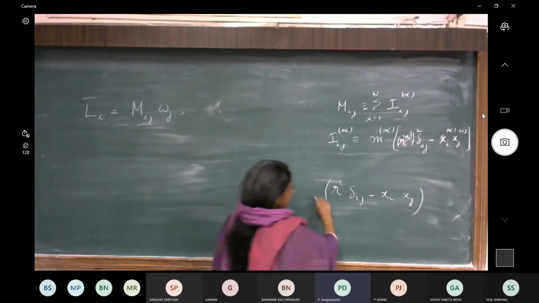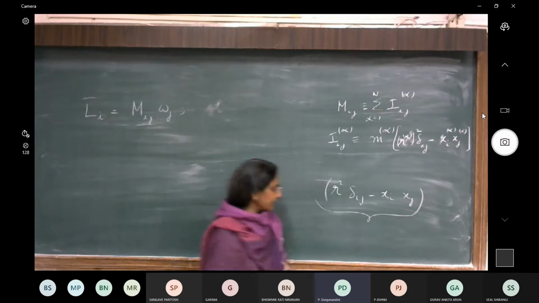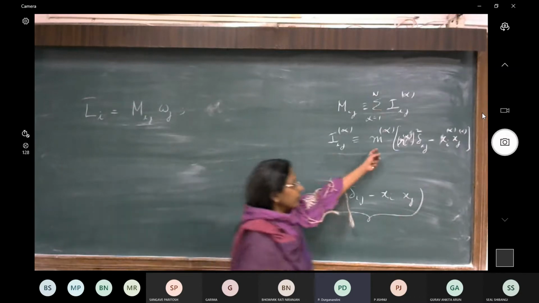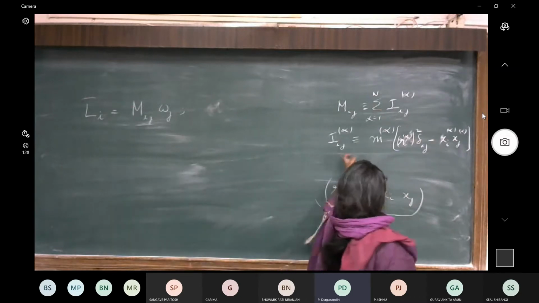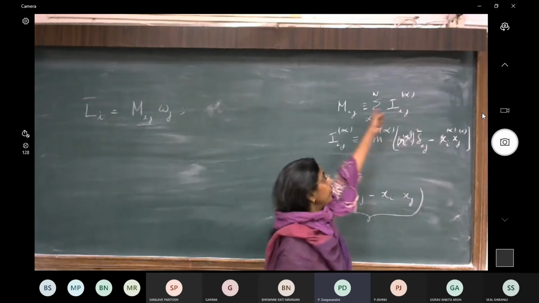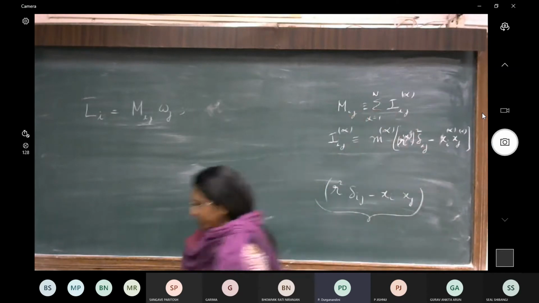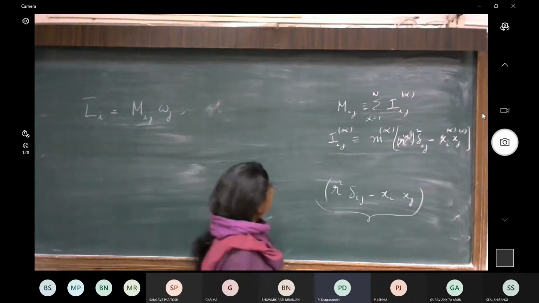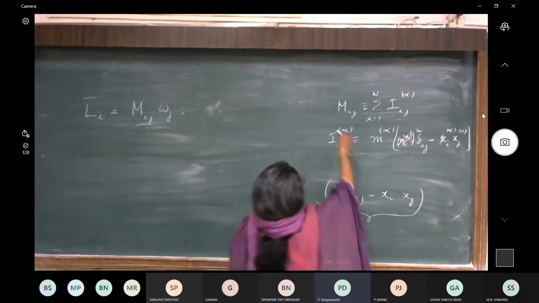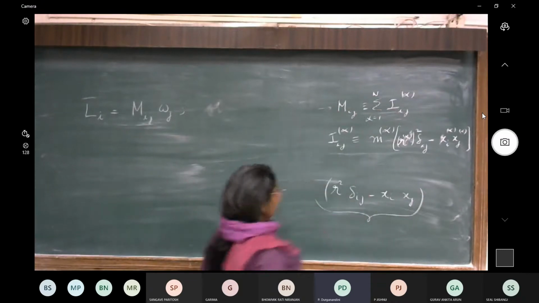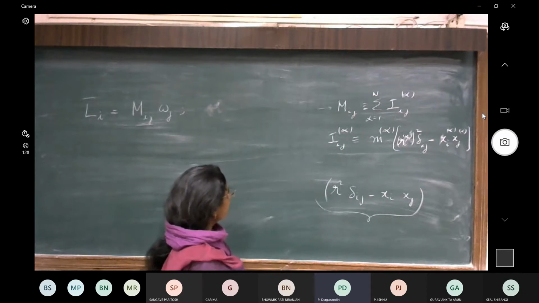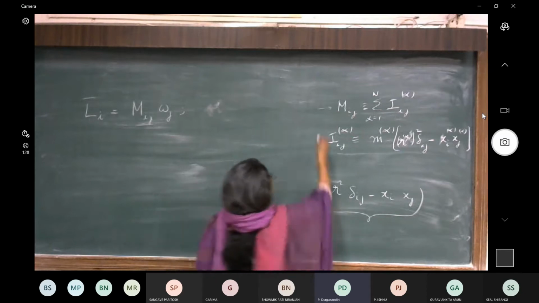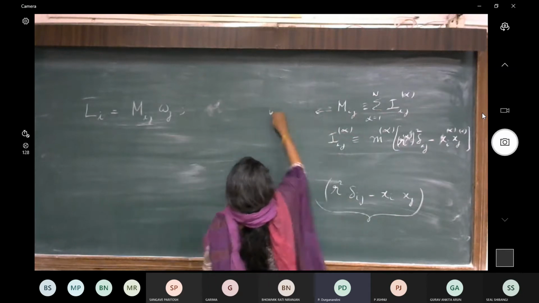Since we've already established that this quantity is a second rank tensor, and all I've done is multiply with the scalar, for each alpha particle this is a second rank tensor. And then if you look at the total I, it's simply a summation of n such second rank tensors. You can say that this quantity is second rank, again emphasizing these are Cartesian tensors. And this is what we will call our inertia tensor.